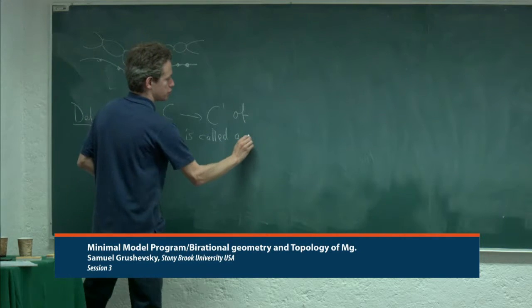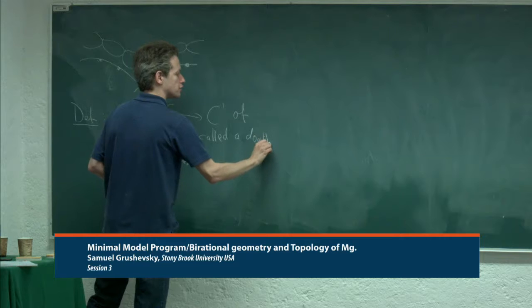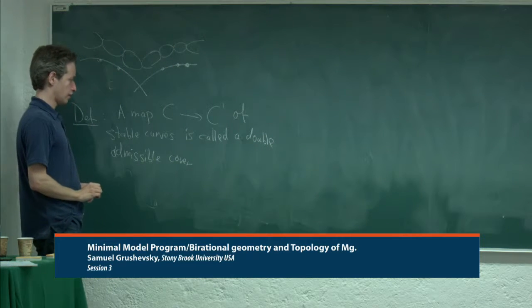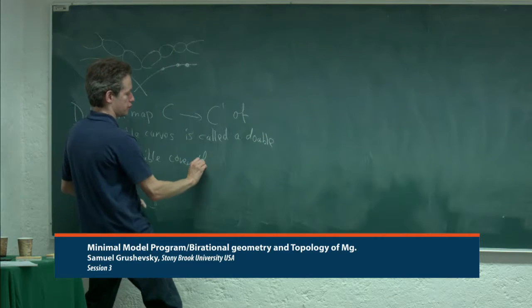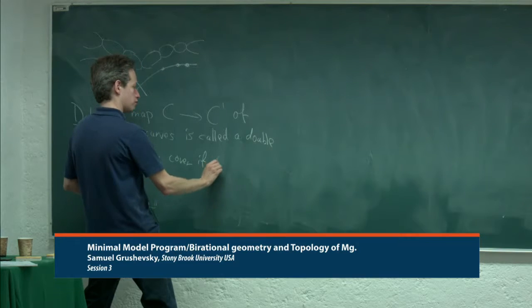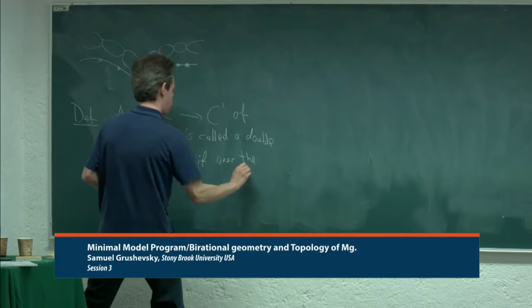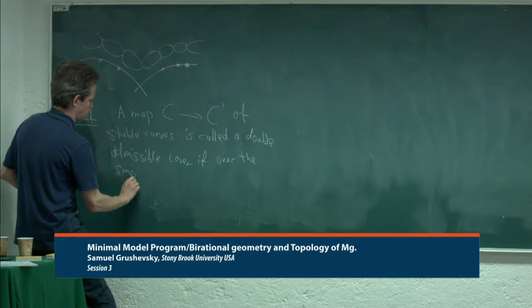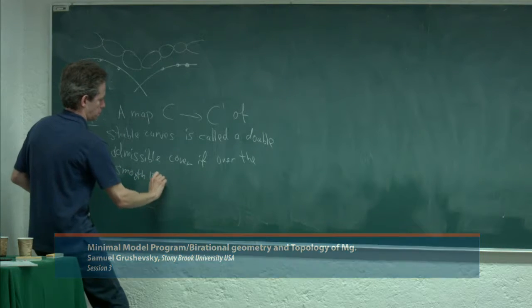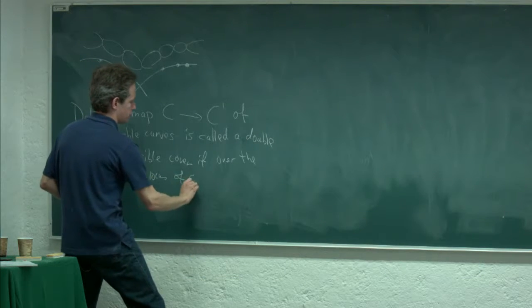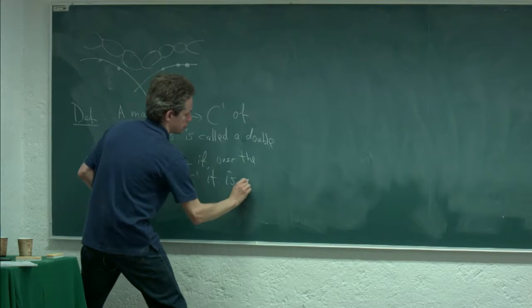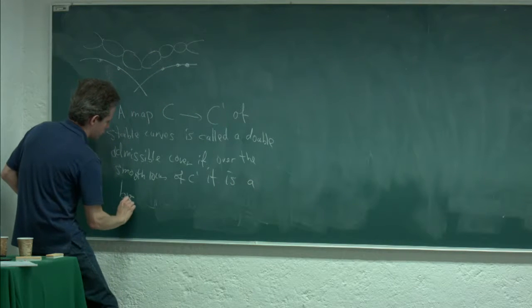And let me only do double admissible covers. You can imagine that this can be generalized. It is a double admissible cover if over the smooth locus of C prime, it is a branched double cover.